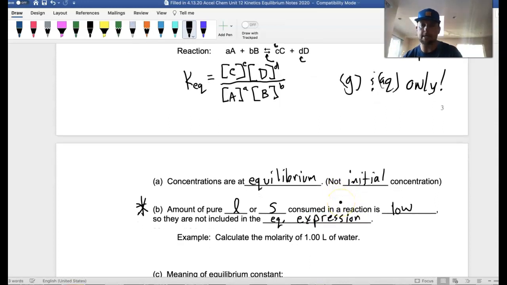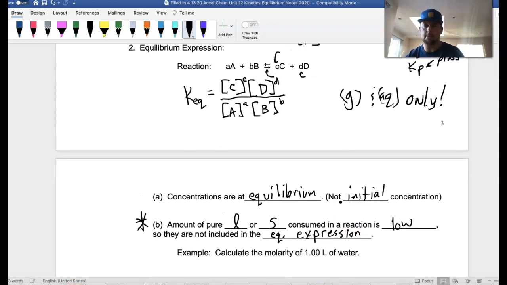And this number you're going to get is either going to equal 1, which is rare, which means you have about the same amount of products and reactants. If you get a number much bigger than 1, that means you have a lot more products at equilibrium. If you have a lot more reactants at equilibrium, you'll get a number less than 1.